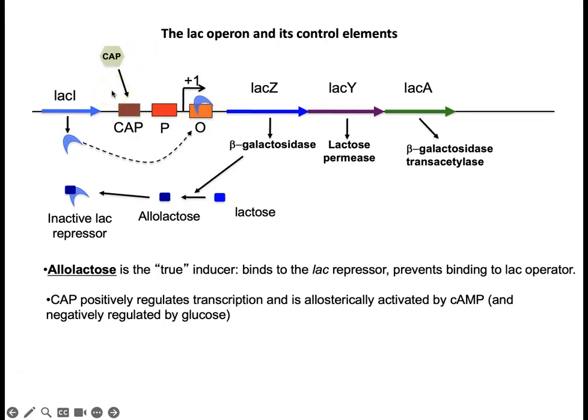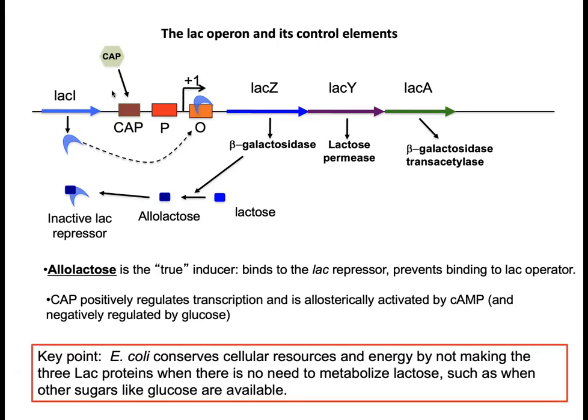CAP is a transcriptional regulator that positively regulates transcription, and it is allosterically regulated by cyclic AMP and also negatively regulated by glucose. And a key point which I alluded to earlier is that E. coli conserves cellular resources and energy by not making these 3 lac proteins when there's no need to metabolize lactose, such as when other sugars like glucose are available.